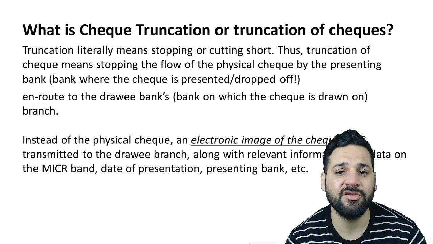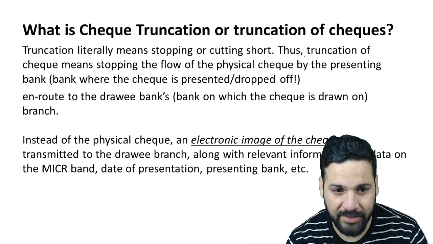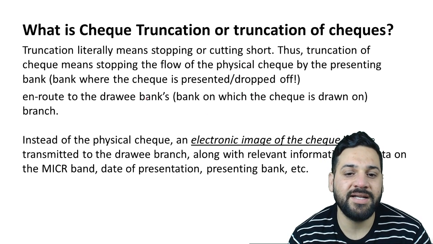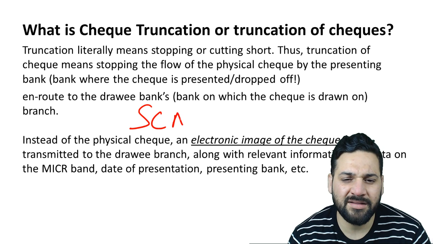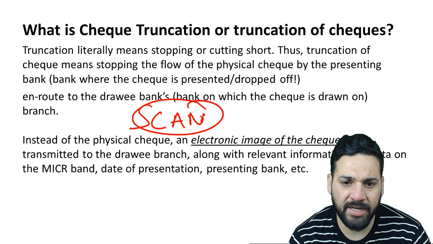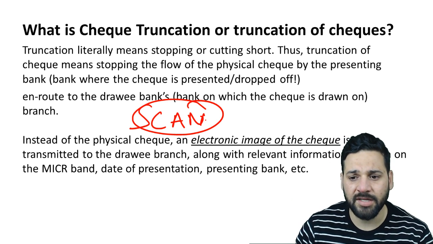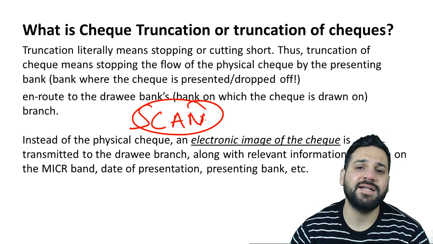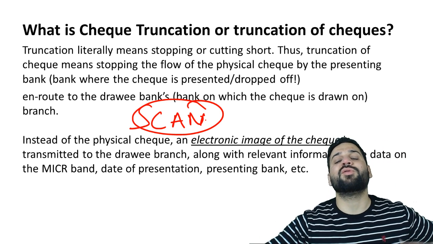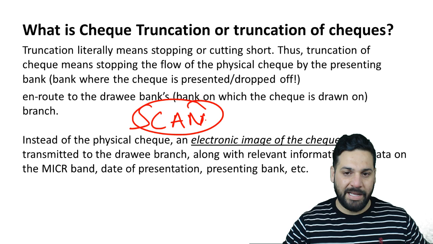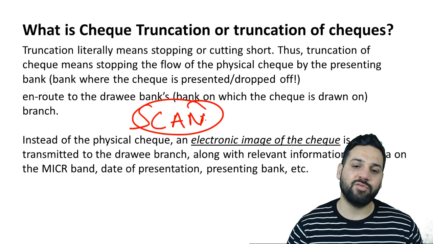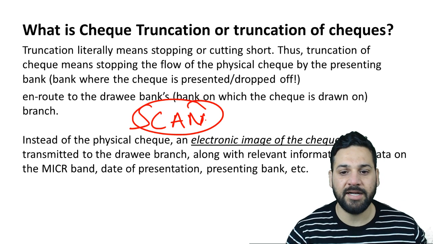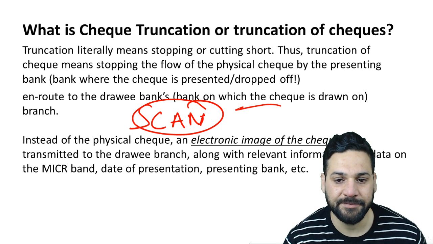CTS literally means stopping or cutting short, right? So in case of CTS, in simple language, it is scanning. Truncation is cutting short. Basically in CTS, the check is scanned and sent to the other branch, the other bank. The clearing house does the whole process.